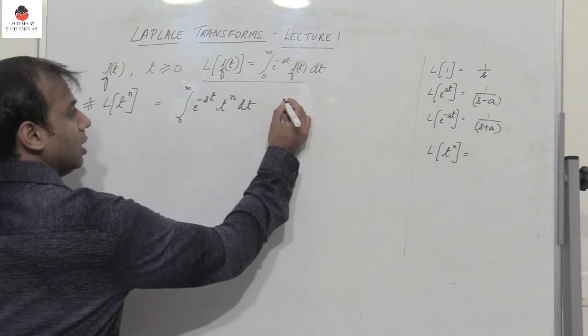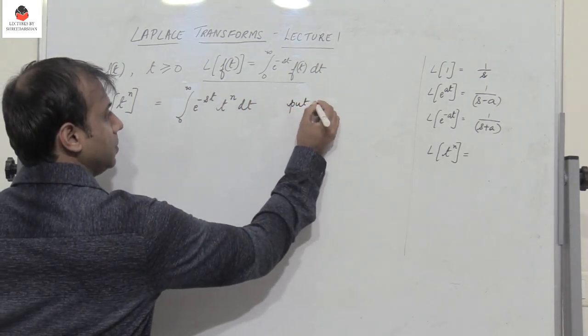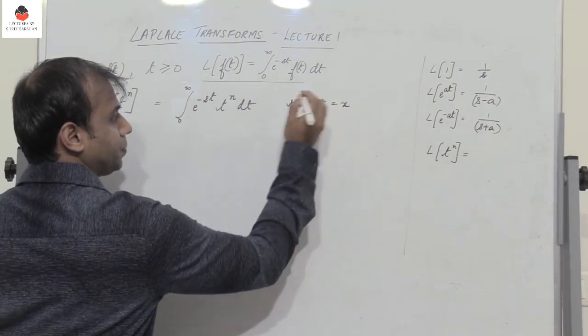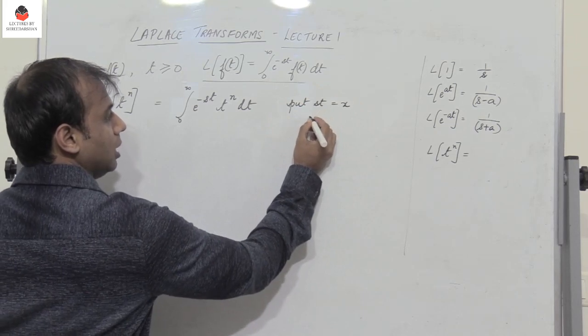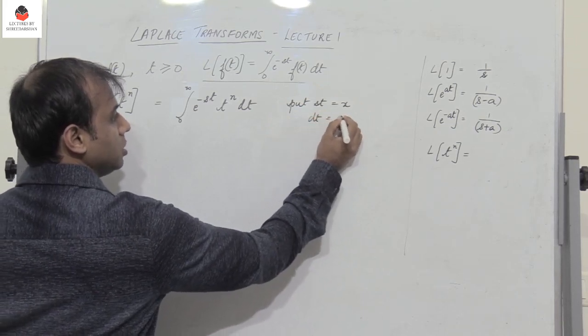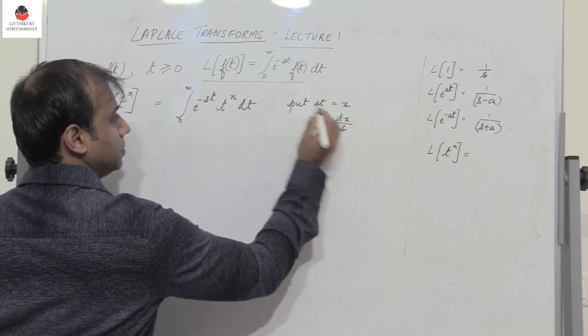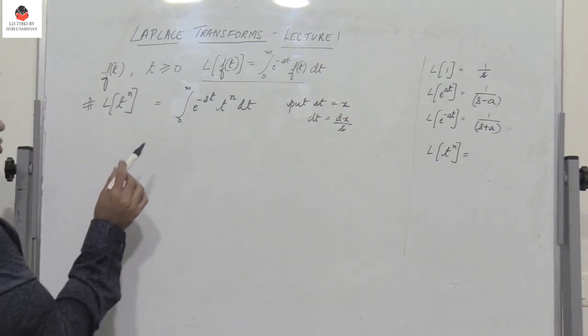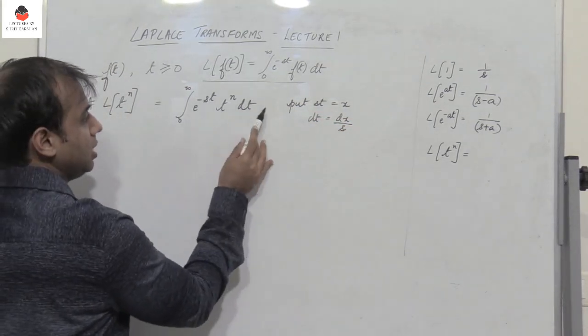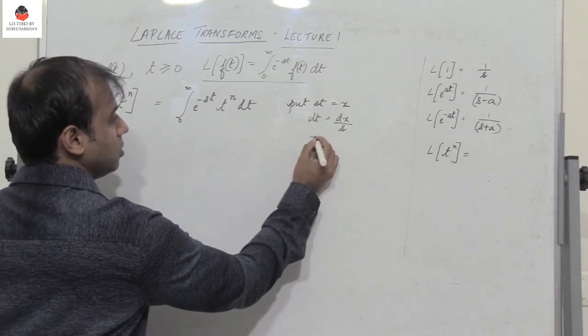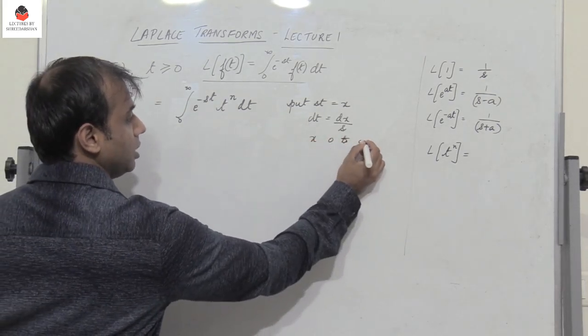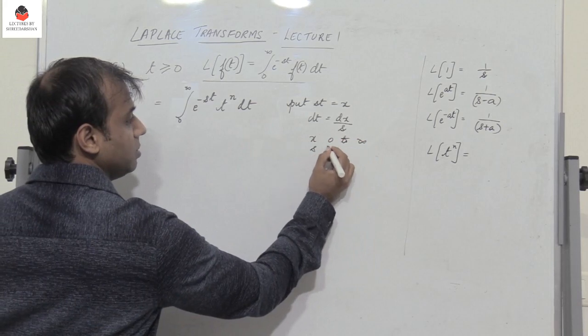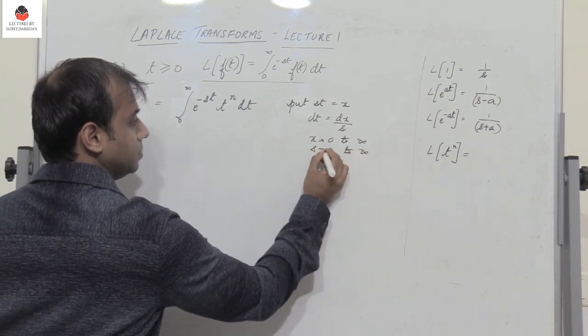Let me put st equal to x, right? So therefore dt is equal to dx by s, right? So therefore if s varies from 0 to infinity, x also will vary from 0 to infinity.